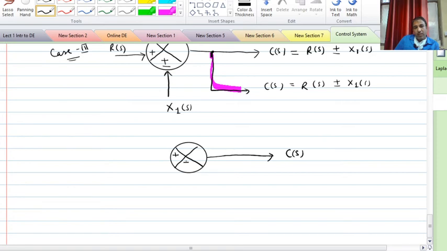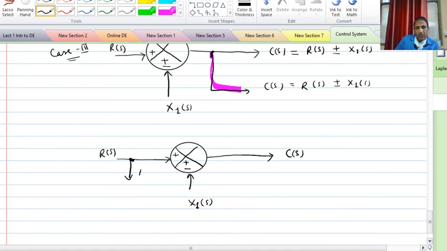And if we change it this way, then because here this is your RS, if we want to have a takeoff point at this position, this is your X1S.